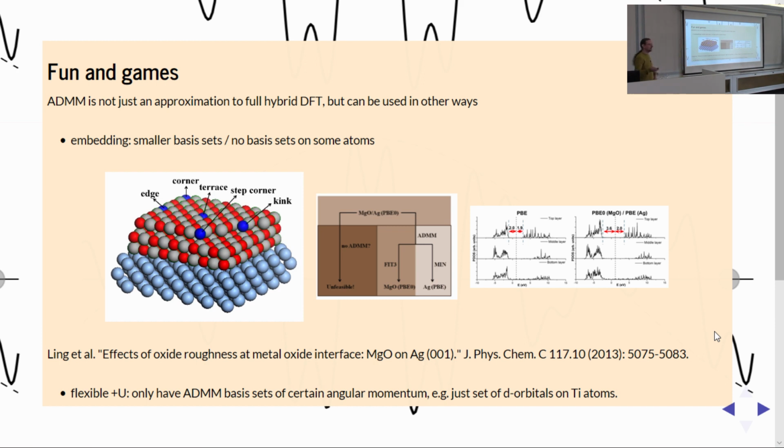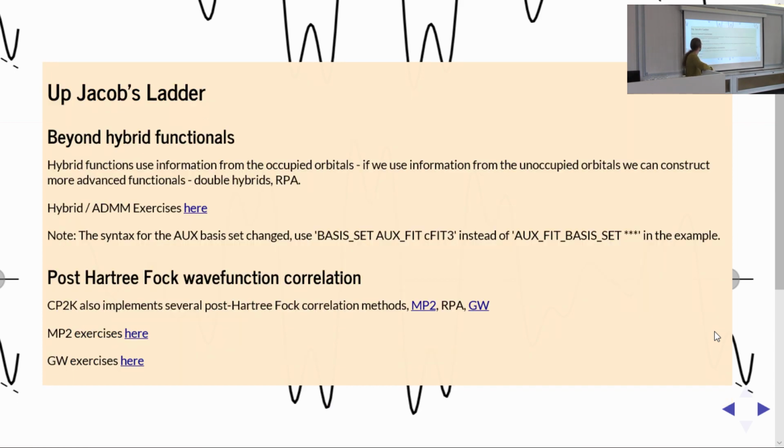And that will give you far fewer 2 electron integrals to calculate, and it will be really quite cheap and efficient stuff that can be used. I could go on and talk a lot more about going beyond hybrid functionals, and CP2K has also got quite a lot of facility in beyond Hartree-Fock wave function theory. But I thought I would leave that up to you to read around and ask about what you're interested in.